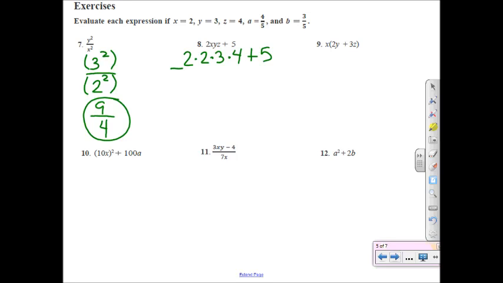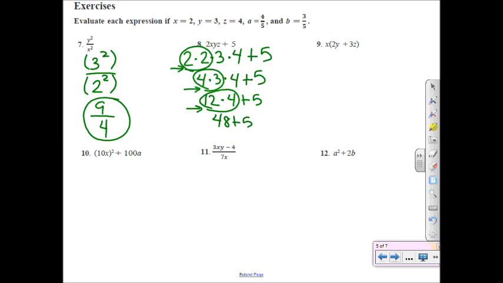So the first thing I run into, left to right, is 2 times 2, which is 4. Everything else stays the same. Next thing I run into is 3 times 4, which is 12. And the last thing for multiplication that I run into is 12 times 4, which is 48. And then since there's no more multiplication, I move on to addition, and 48 plus 5 is 53.